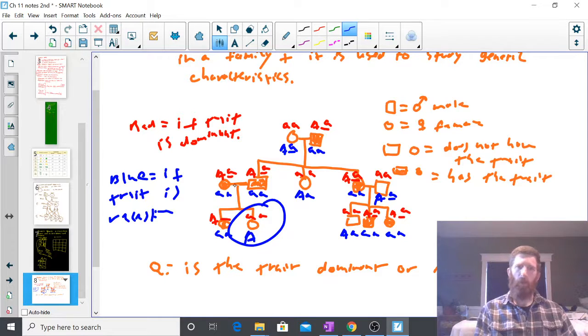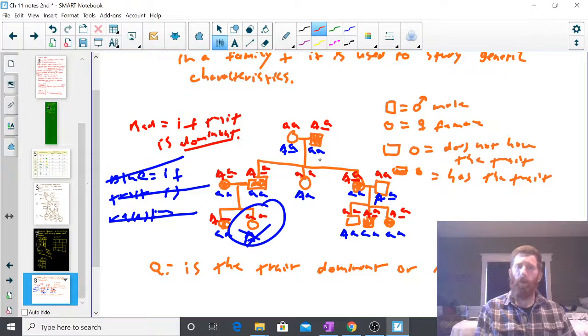But neither of their parents has a big A, so this person cannot have a big A. Therefore, this whole entire system doesn't work, right? So the trait's not recessive, because this pedigree, this pattern of inheritance doesn't work if the trait is recessive. It only works if the trait is dominant.